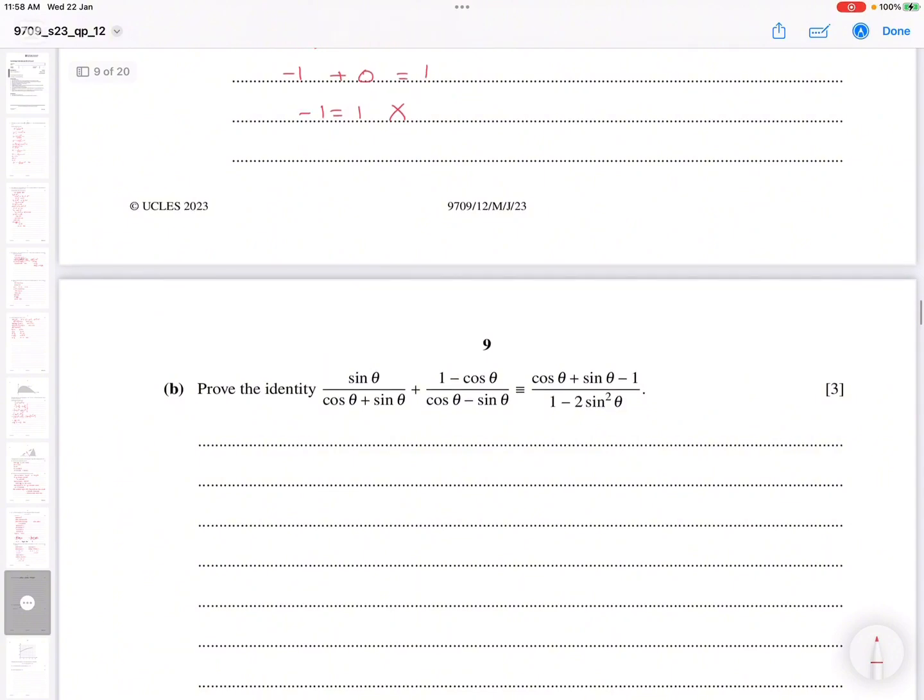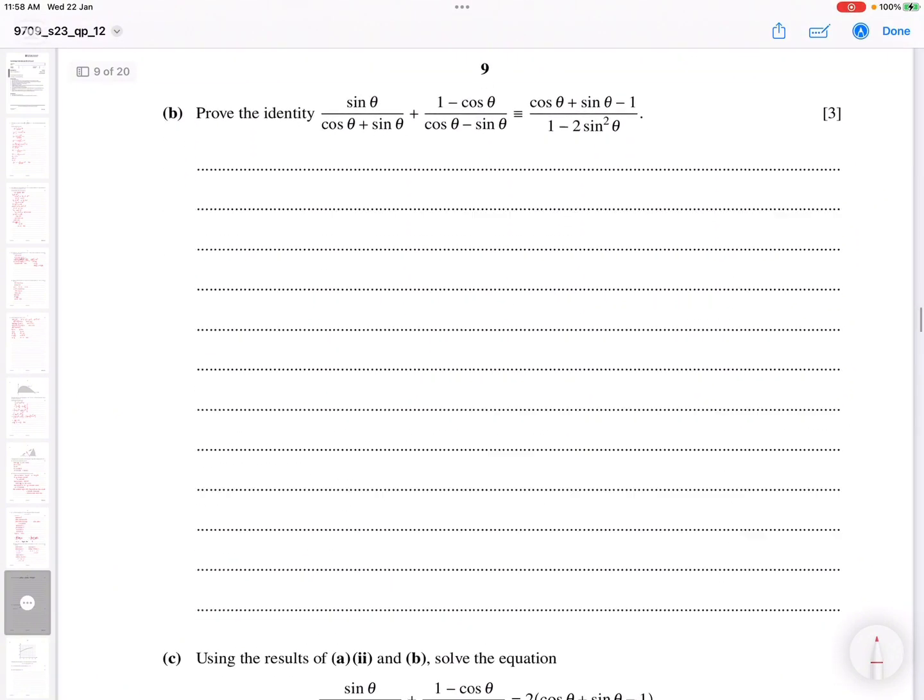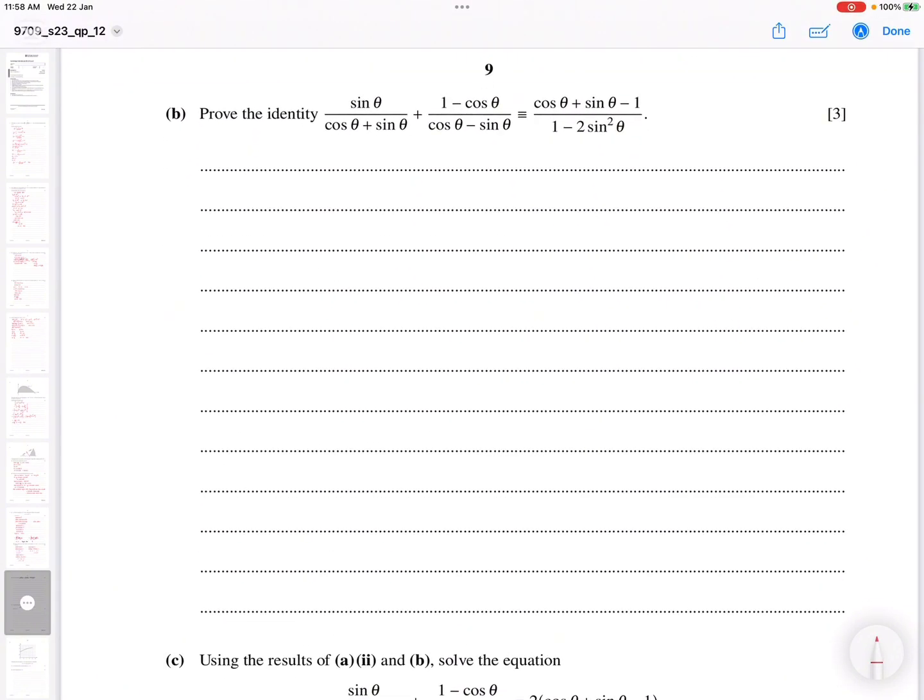B part, prove the identity. Okay. So in the left hand side, if I take the LCM, cos theta plus sin theta and cos theta minus sin theta.